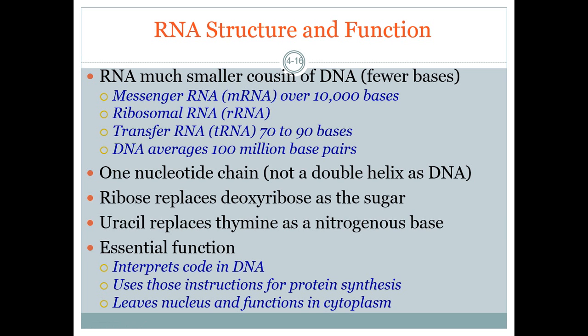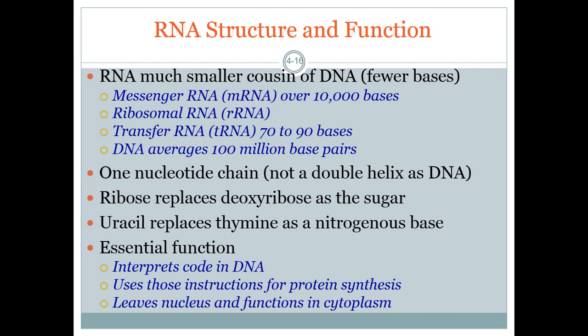The RNA and the DNA have significant differences, although both are nucleic acids. Now, an RNA is much smaller than the DNA, ranging from 70 to 90 bases in the tRNA to over 10,000 bases in a large mRNA. The DNA averages more than 100 million base pairs. So we're looking at quantity here.